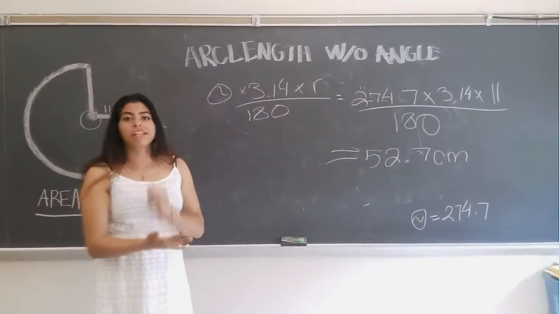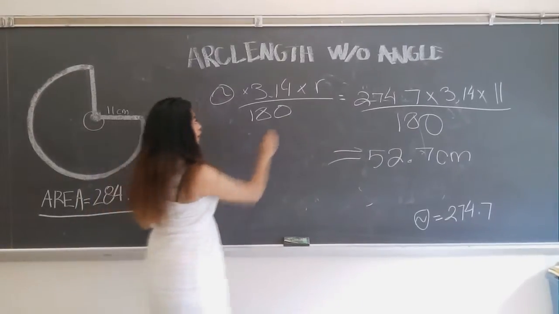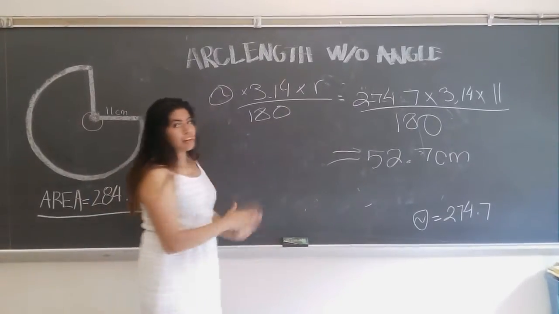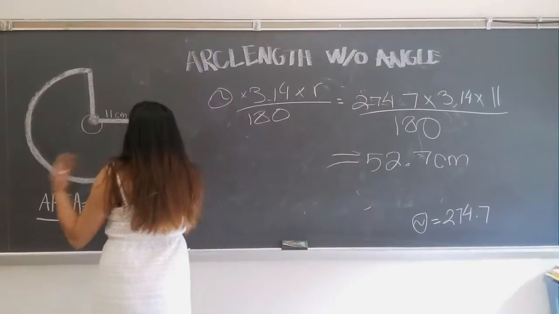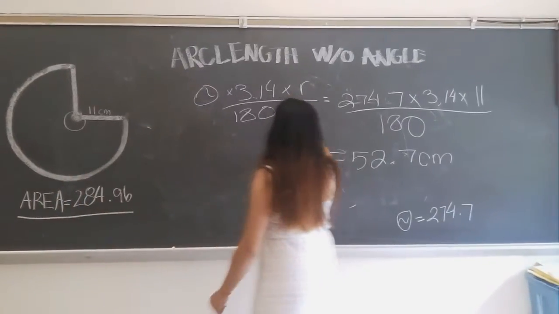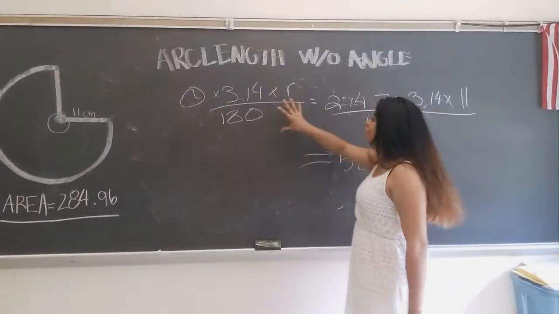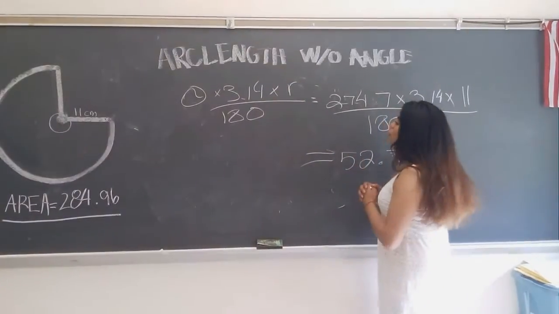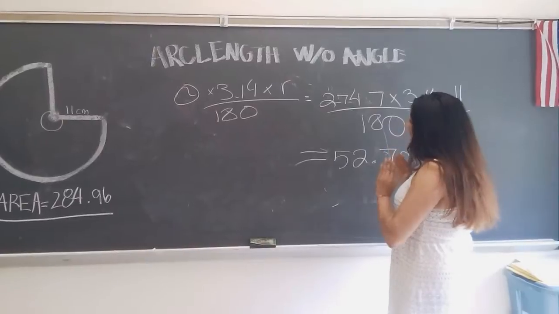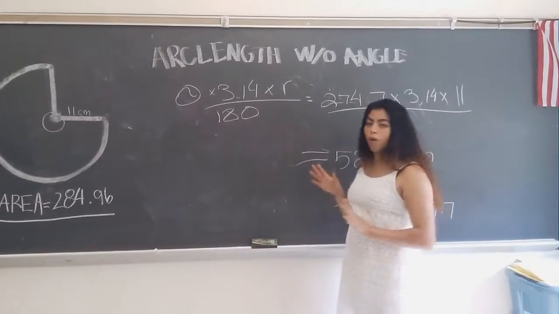And make sure that your radius is in the right place. So if you have the area of the sector, the radius has to be squared. If you have the arc length, the radius is only 1. So make sure all your calculations are correct and it all follows through.